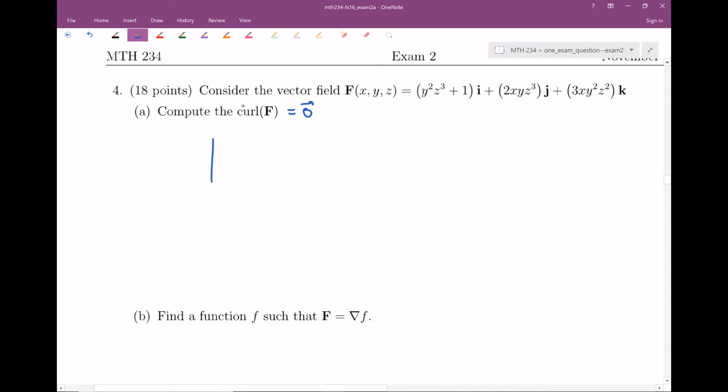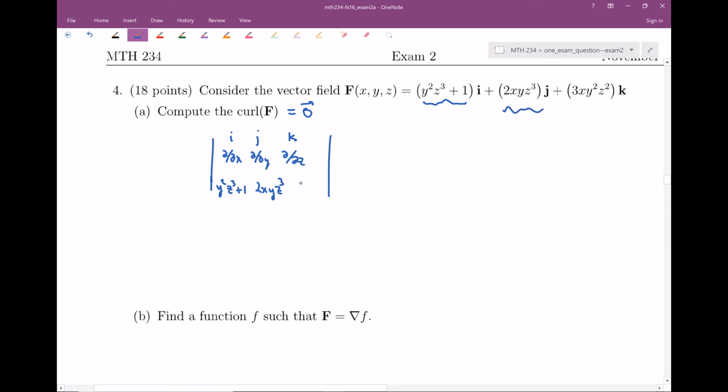Remember, the curl is going to be del cross f. So we're going to have i's, j's, k's, the partial with respect to x, the partial with respect to y, the partial with respect to z. That's the del piece. And then let's go ahead and put our f. So our f is y squared z cubed plus 1. That's the first coordinate. Our second coordinate is 2xyz cubed.